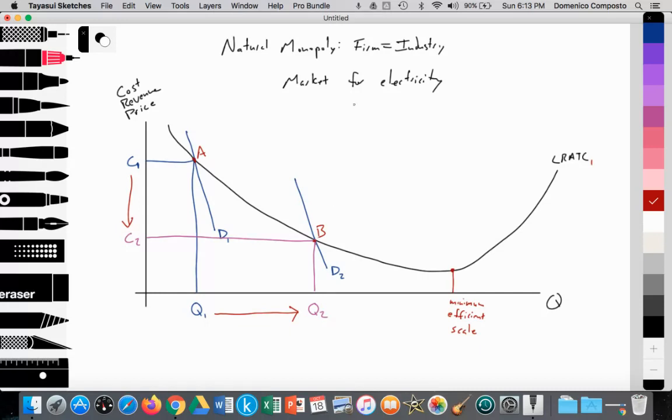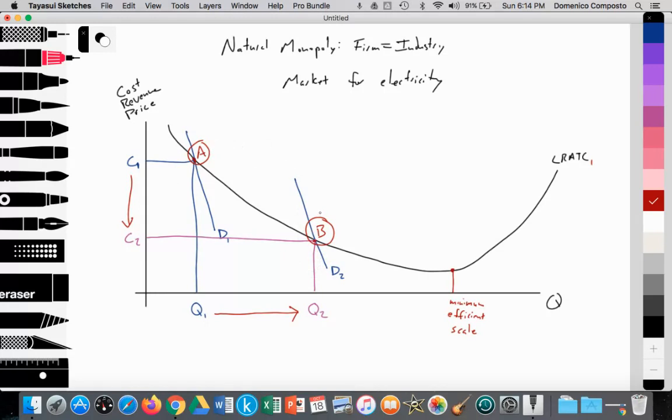So if this natural monopolist is operating at point B, their costs of production at C2 are significantly lower than a new firm entering the industry. A new firm entering the industry, for example, at point A, would have significantly higher costs of production and much less output. So the firm at point B is in a better position to lower price, since they have lower cost of production, to potentially put firm A out of business.